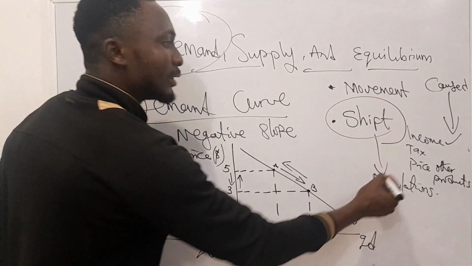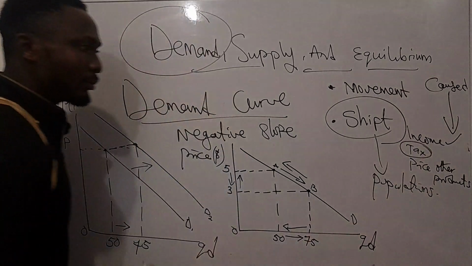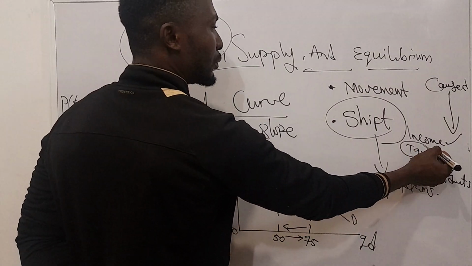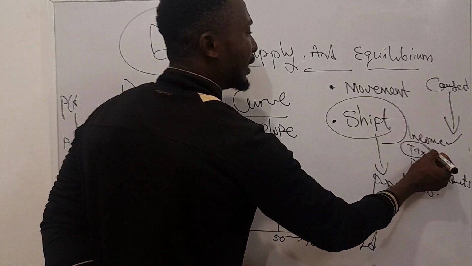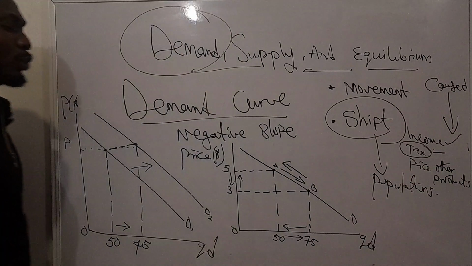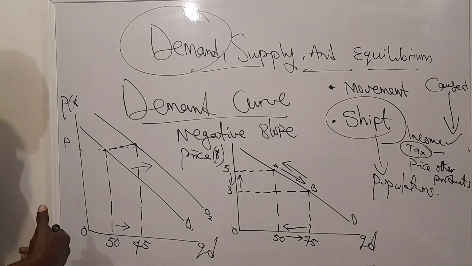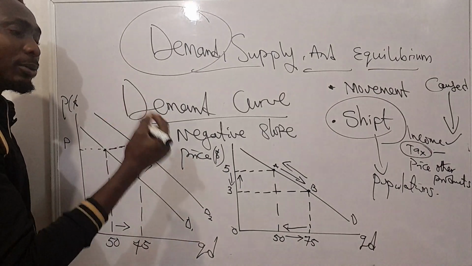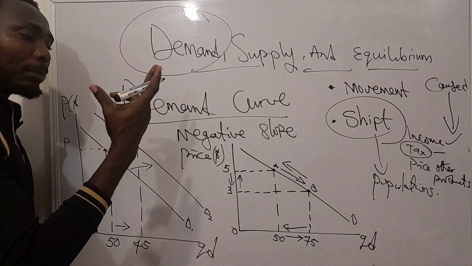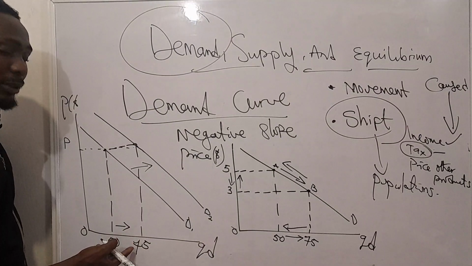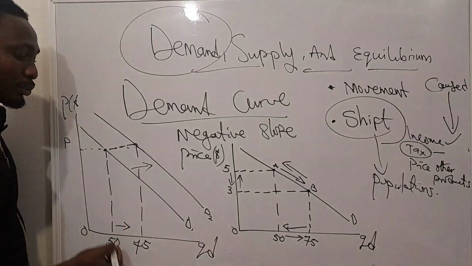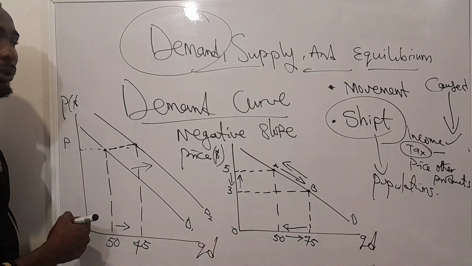On the other hand, with taxation, it works the opposite, because from the previous video we concluded that taxation has a negative relationship with the demand for a particular product. So therefore, when taxation, income tax per se, goes up, then the amount of money available to the consumer will reduce, and that will reduce the demand for the particular product.